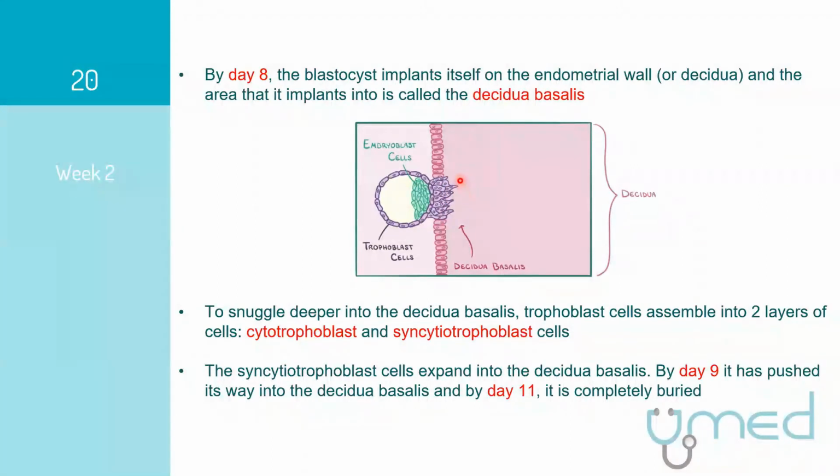And think of it like a tug of war, and here I have all the strong people. So it will pull its way into this decidua basalis. So the cytotrophoblast cells would expand into this decidua basalis. It'll get bigger, and it will make its way deeper into the decidua.